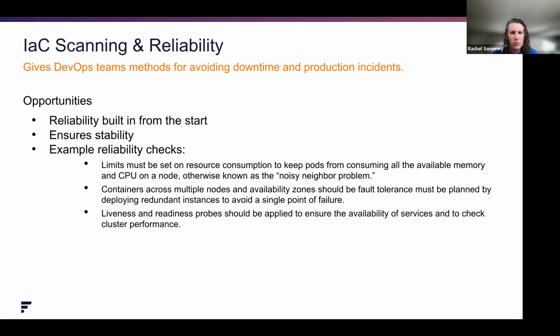And so, with reliability and setting the appropriate requests and limits, it's important to set requests because without it, one thing people will often do is put a workload into Kubernetes. They won't set requests or limits for CPU or memory. And Kubernetes actually has a hierarchy of which workloads are the most important to it.